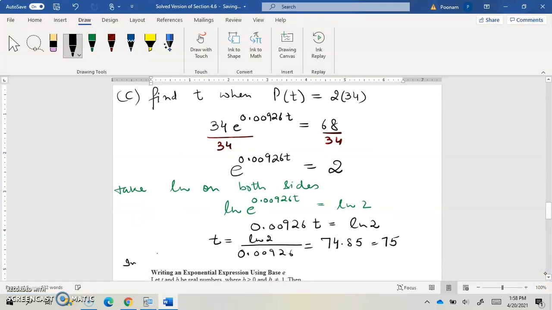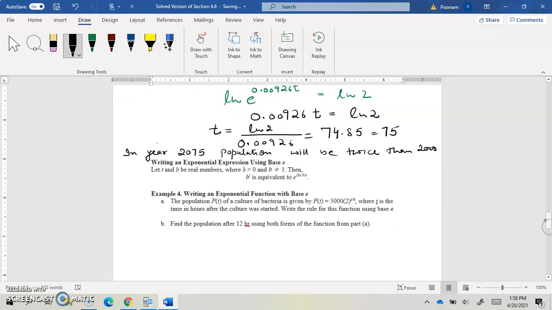So that means in year 2075 population will be twice than year 2000. 75 years will take the population to be double.